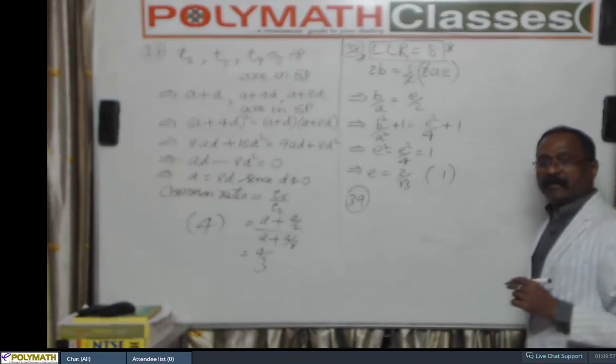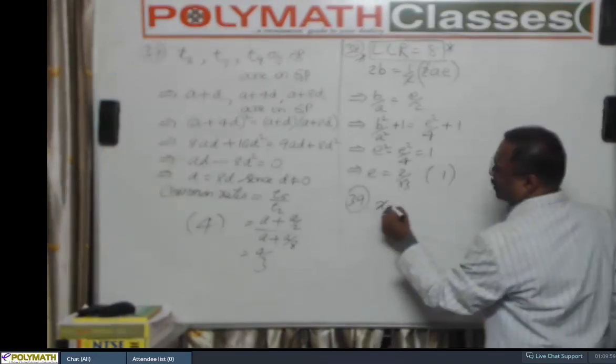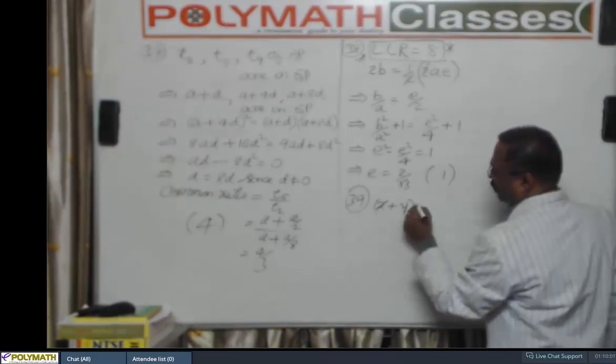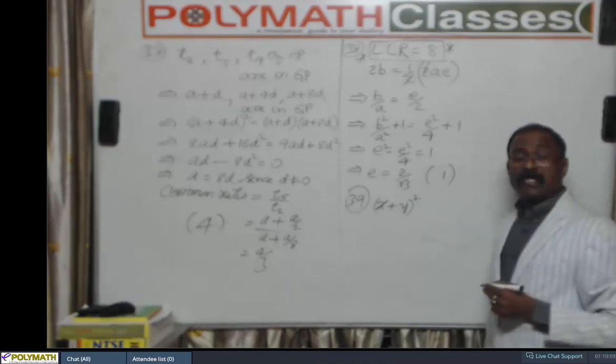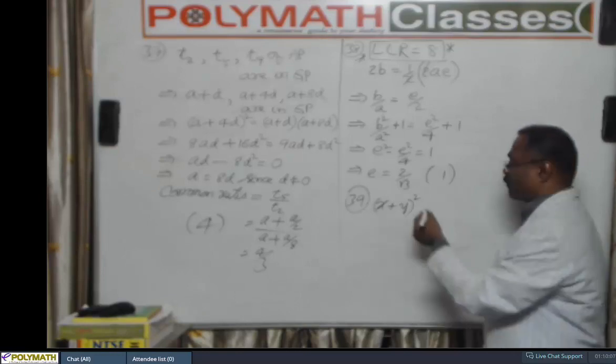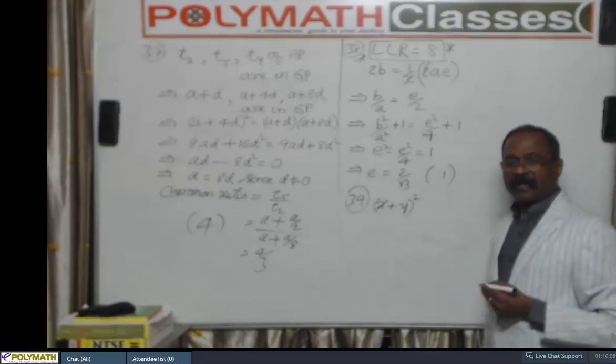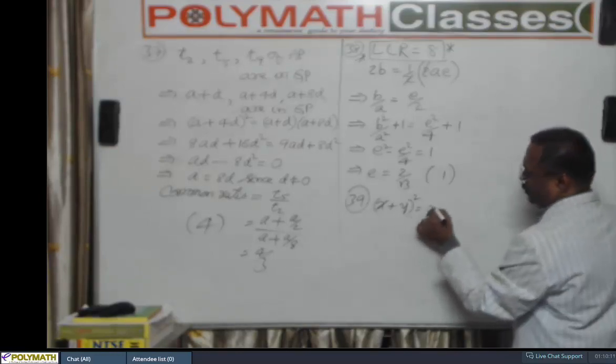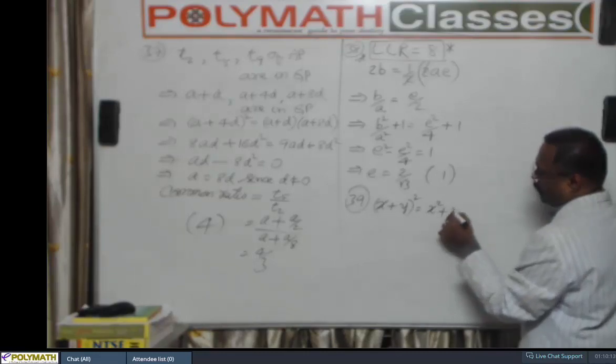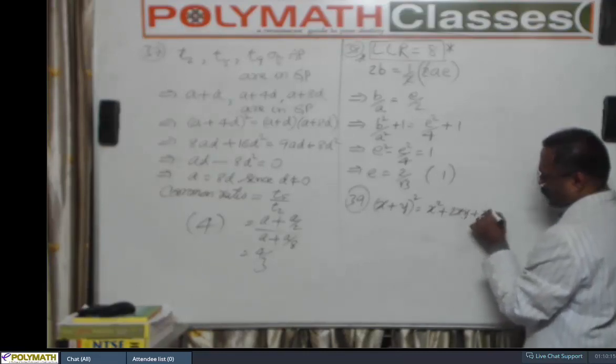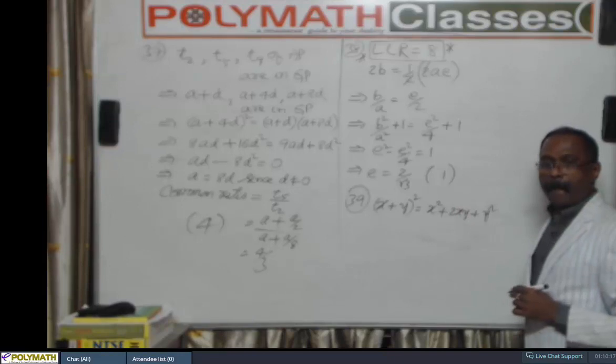For example, if you take (x + y)^2, how many terms will you have? Everyone says there will be 2 + 1 terms: x^2 + 2xy + y^2.